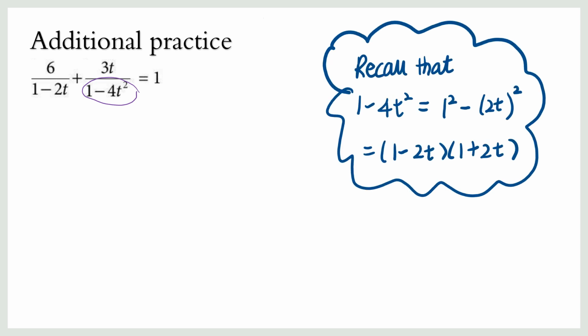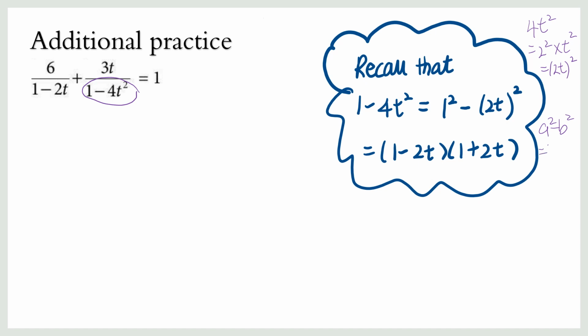Okay, so recall that 1 minus 4t squared, you can actually write 1 as 1 squared because 1 times 1 is 1. And 4t squared, right, you can actually write it as 2 squared times t squared, which is the same as bracket 2t bracket squared. Okay, that will give you 4t squared. And this will remind you of your algebraic identity, which is your a squared minus b squared.